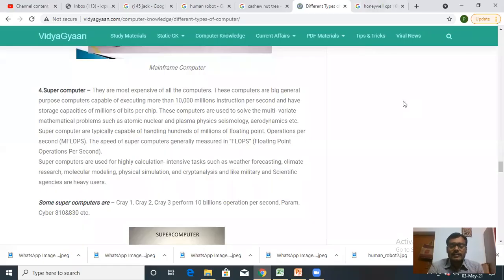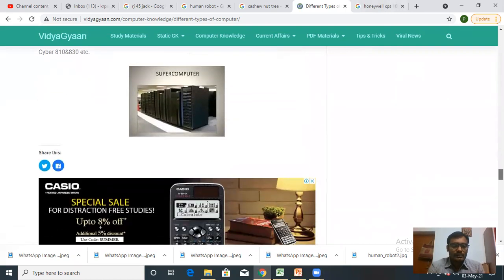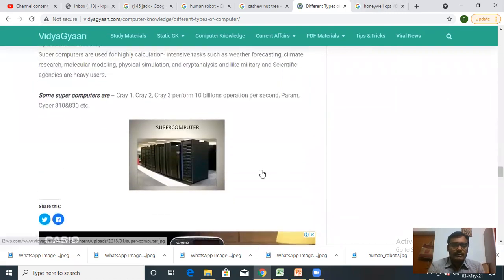Supercomputers are the fastest computers and are the most expensive of all the computers. Supercomputers use many processor chips and can process billions of instructions per second. You can see the picture of supercomputers. One supercomputer can be the size of a big room, or it can be the size of a big hall.